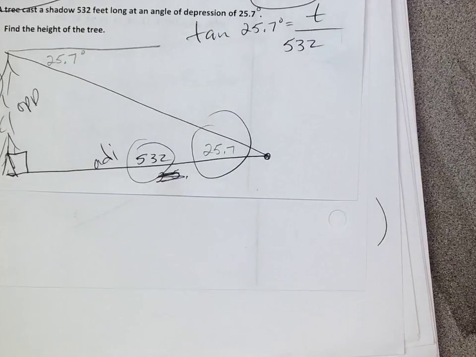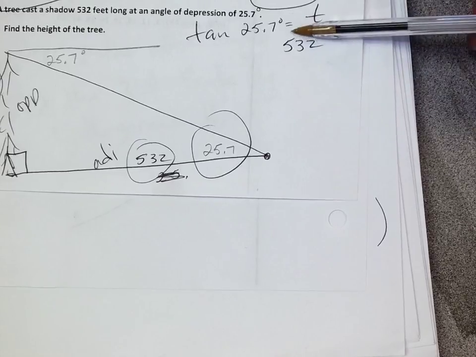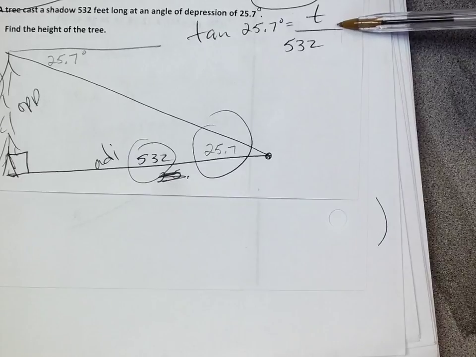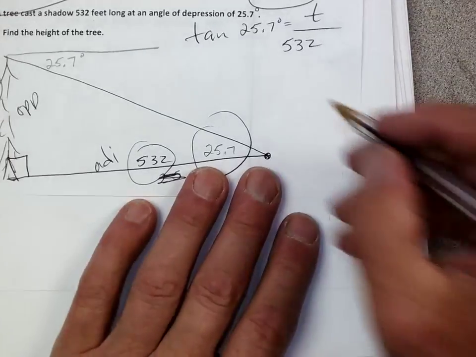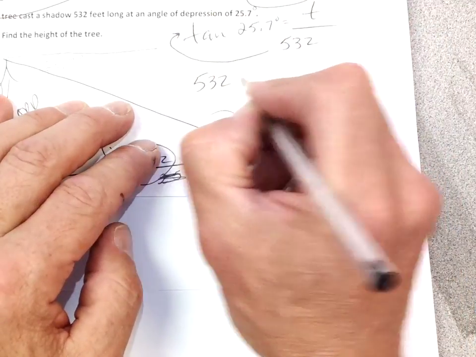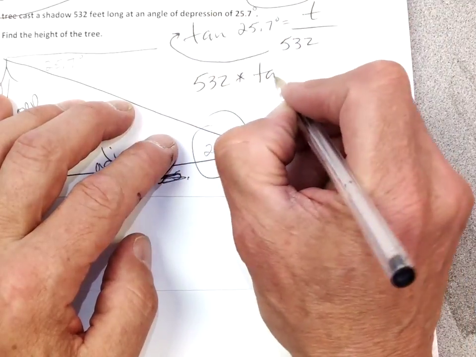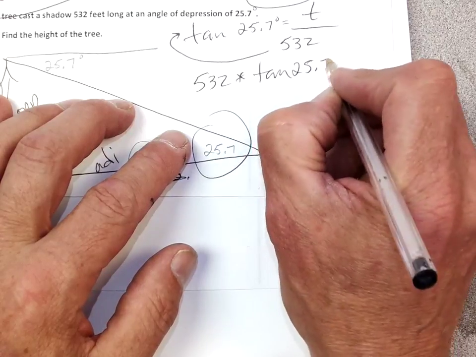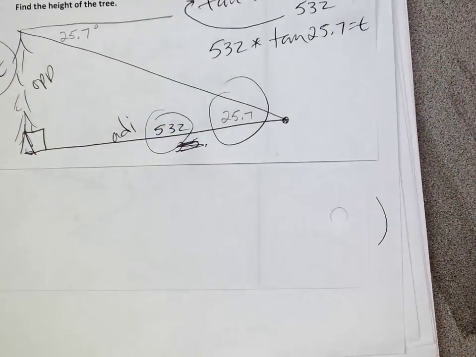How do you solve for t? Yeah, like any equation, this is a division, so we undo it by multiplying. We do the opposite. If we multiply by 532, we'll have 532 times the tangent of 25.7 equals t, and I'm just going to use my calculator.